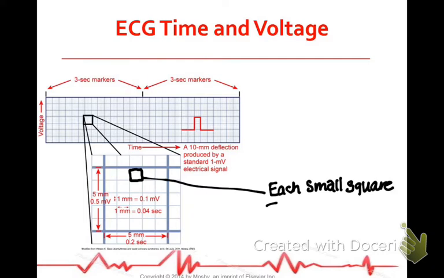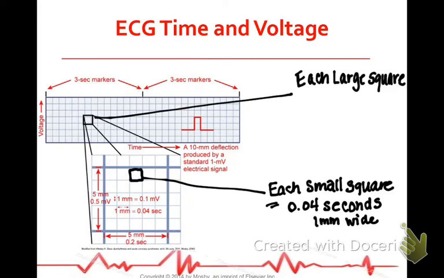As far as time, you want to look at each small square. So you see how that's a strip. And then it's got the big square, and then it's like it's magnified into the smaller square, okay? So each small square is 0.04 seconds, or 1 millimeter wide.